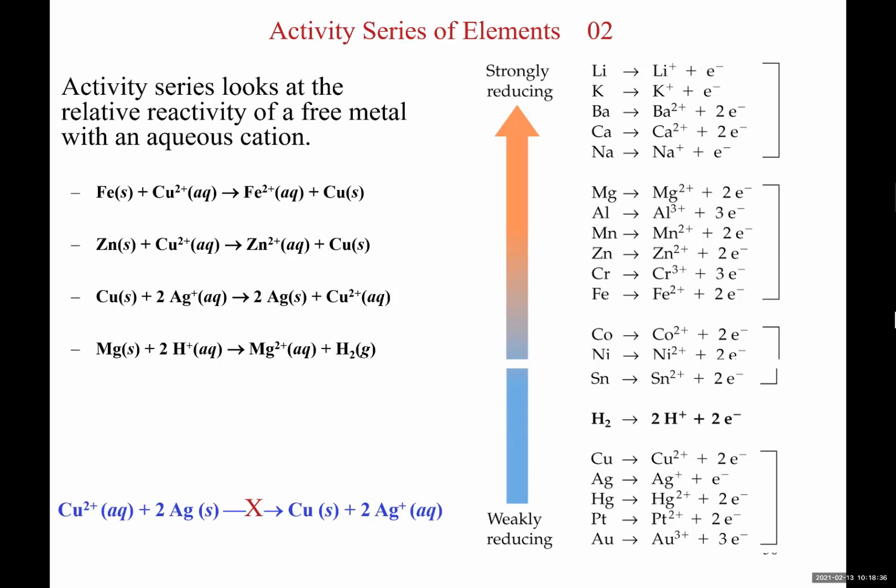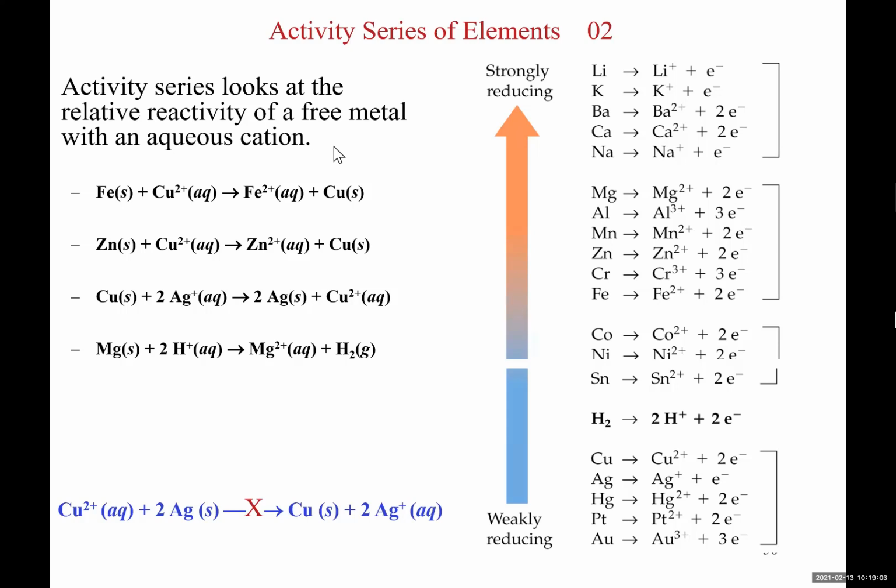Well, all you have to do is compare the two metals. There is one metal on the right and one metal on the left. If the metal on the left has higher activity, that means if this metal is above Cu in the table of activity series, the reaction is going to happen spontaneously.